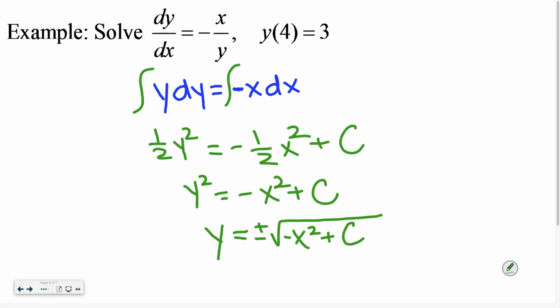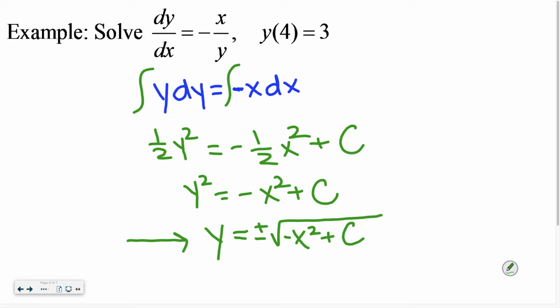Okay. So this would be the solution to the differential equation. Since we have an actual coordinate, we're going to plug in 4, 3 to solve for c. Now, technically we have 2 solutions written in one here. What kind of value is our y value? Is it positive or negative?